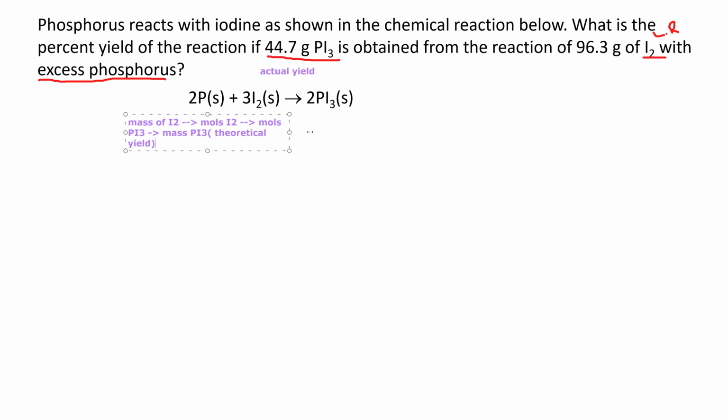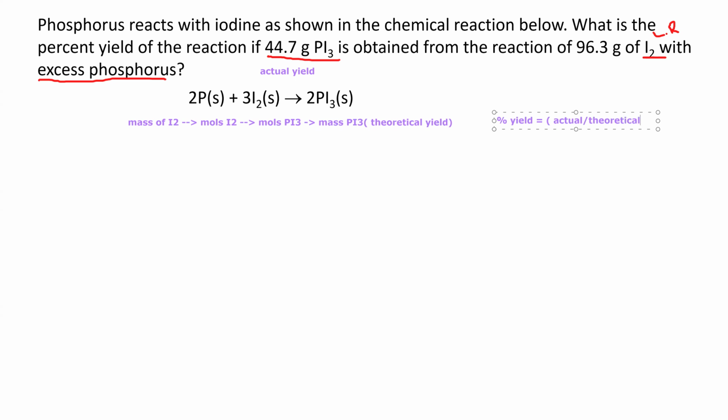And the reason we want to do this is because percent yield is actual over theoretical times 100. So we have to know the theoretical yield in order to determine the percent yield because we already have the actual yield. The molar mass of I2 is 2 times 127, which gives us 254 grams per mole.